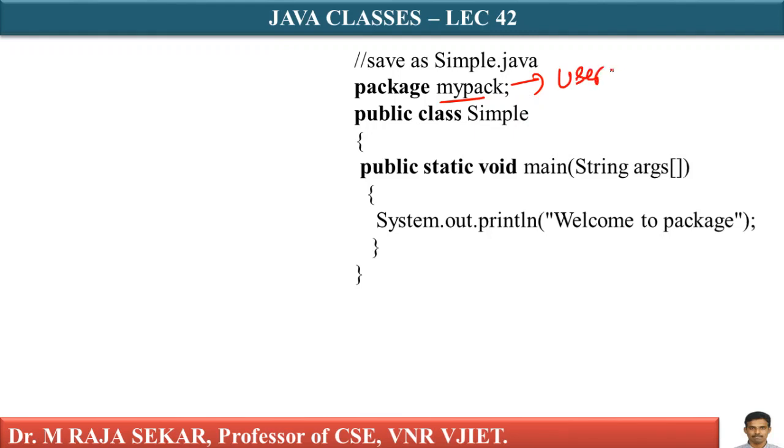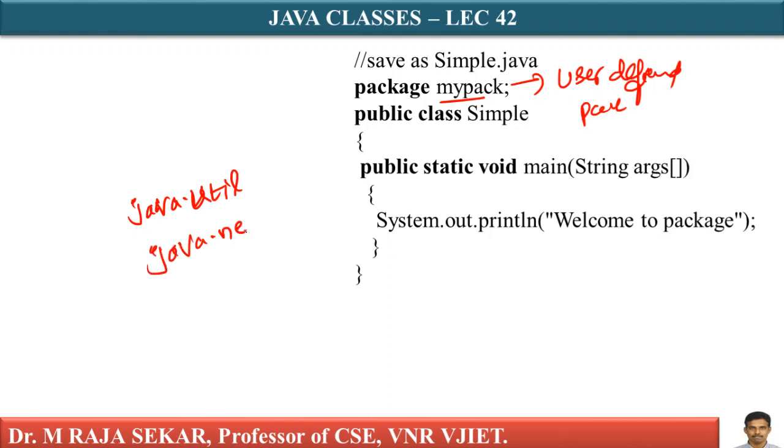Whereas java.util, java.net and java.awt are built-in packages. They are predefined packages. Now we can define our own package.